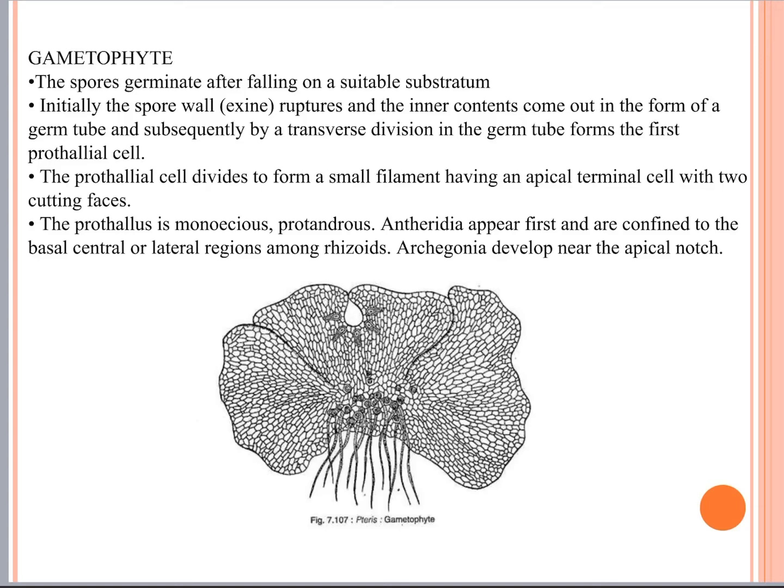The spores of Pteris species are triangular in shape. It consists of the intine and a sculptured exine.